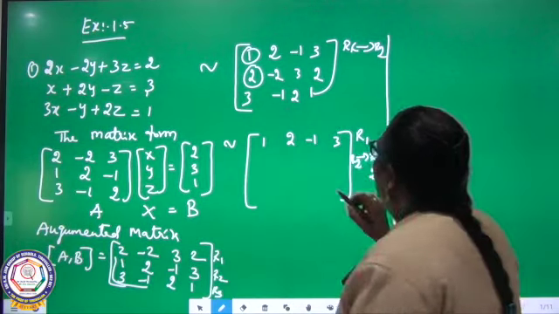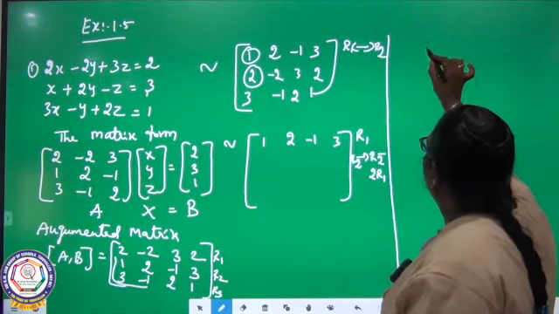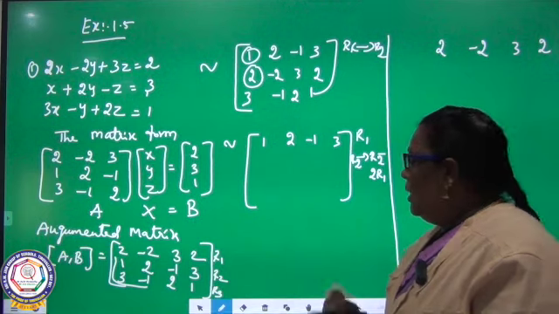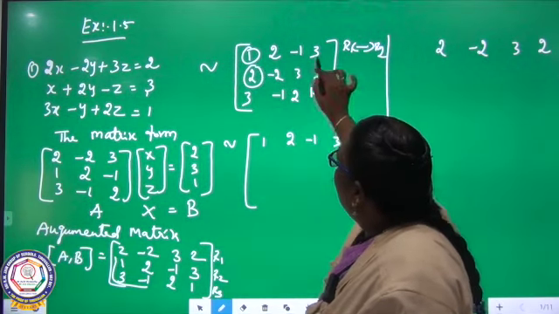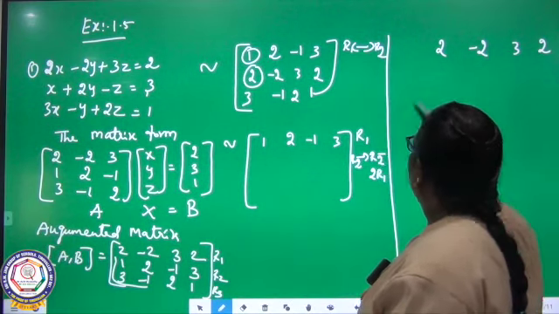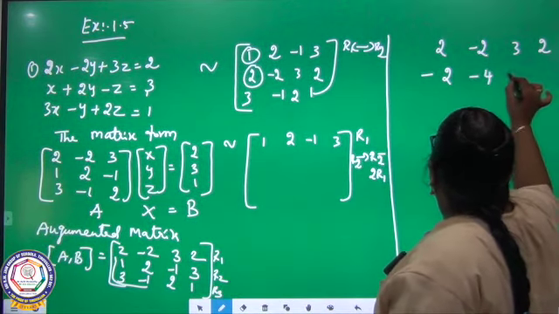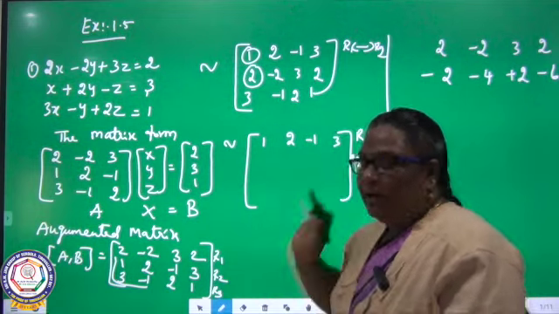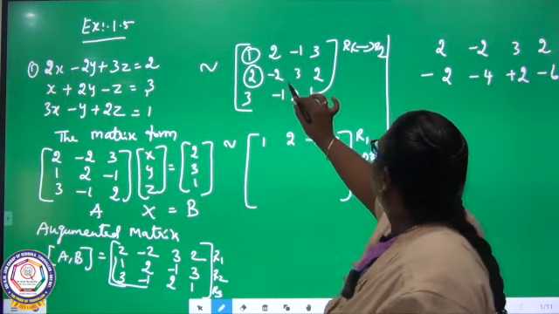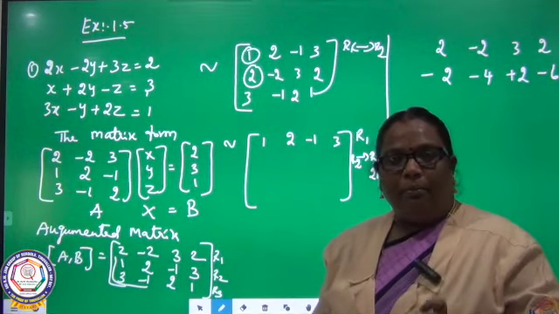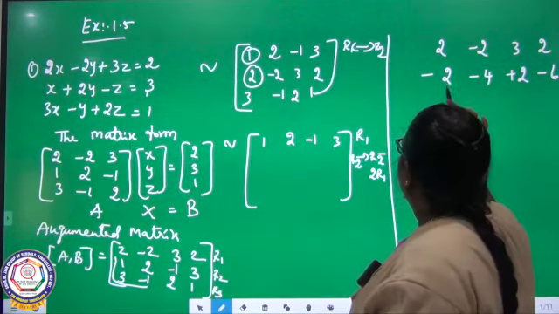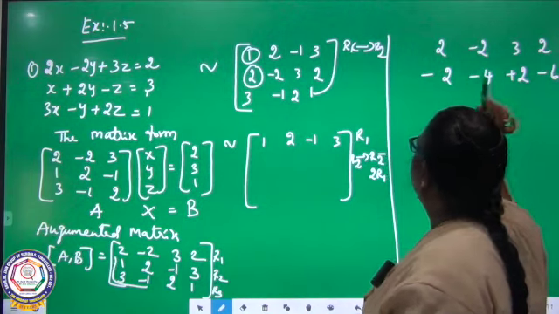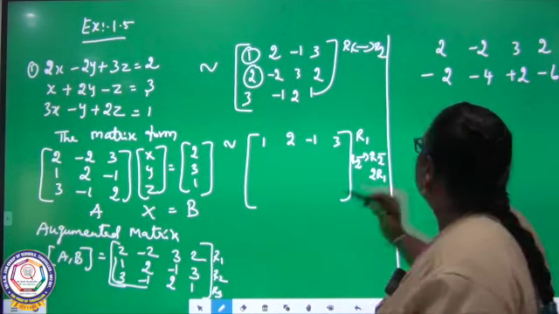R2 is 2, minus 2, 3, 2. Minus 2R1: I multiply R1 by minus 2. 1 into minus 2 is minus 2, 2 into minus 2 is minus 4, minus 1 into minus 2 is plus 2, 3 into minus 2 is minus 6.